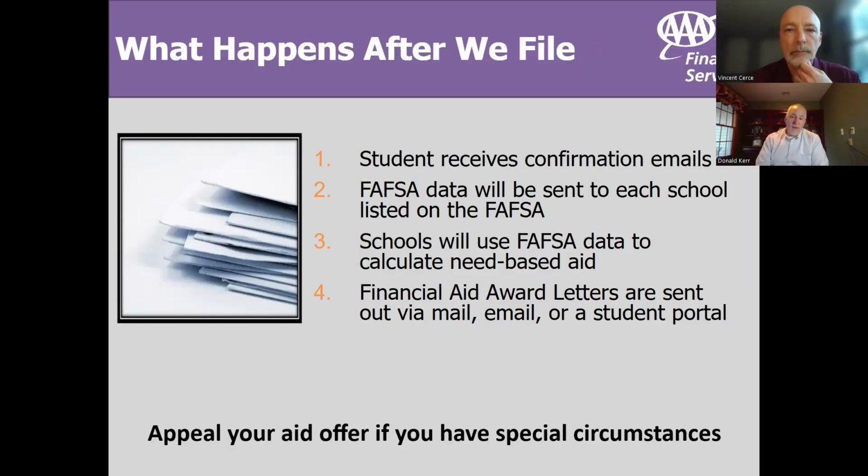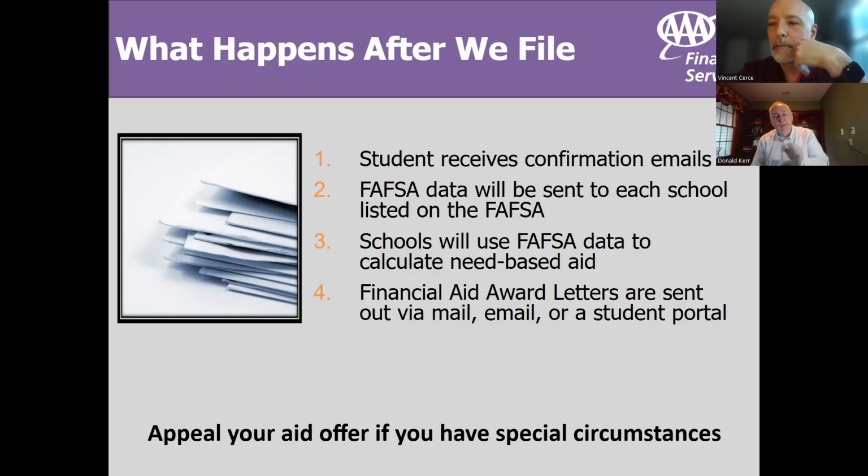Okay, so after you file that FAFSA form and you've submitted, the student gets the confirmation email. And I like to spend a minute here talking about this. This was a shocker for me when my kids went off to college for the first time. Colleges are treating your student as adults, which means that comes with the full protection of all privacy laws that are in place in this United States.